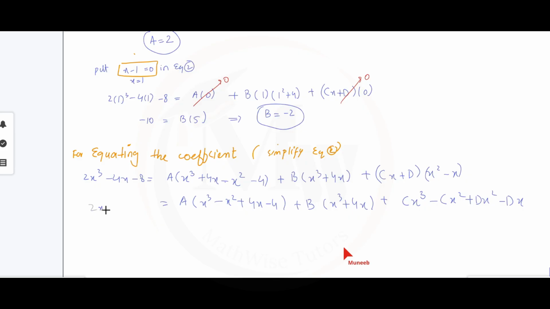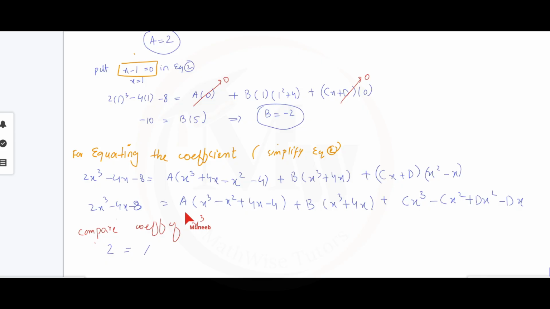Okay, all we have to do is equate the coefficients. So what is the highest degree? That's 3. So first we equate the coefficients of degree 3. So compare the coefficient of x cubed. What is the coefficient of x cubed on the left side? That's only 2. And what is the coefficient of x cubed on the right side?